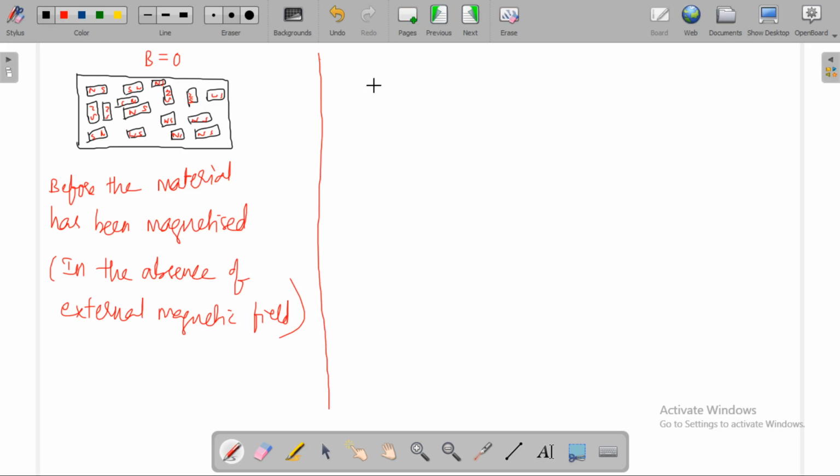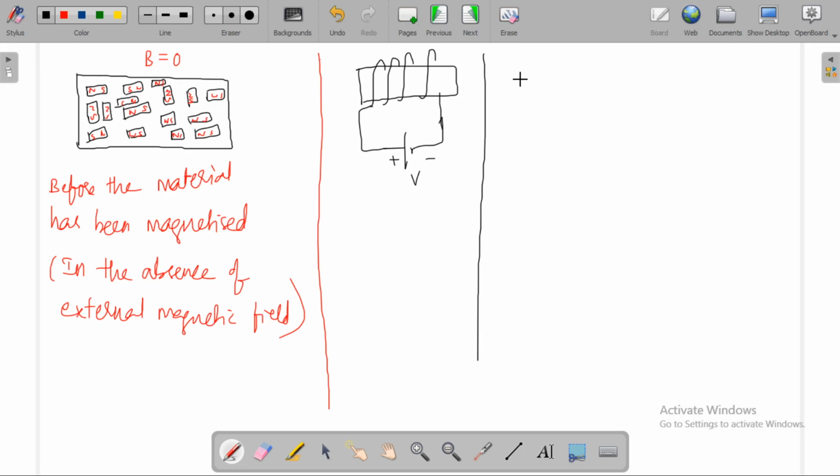After the metal has been magnetized, let us do one thing. You take some magnetic material and a winding is wound upon this magnetic material. You apply some external magnetic field, you apply some voltage to this. Then after the metal has been magnetized, all dipoles will get aligned in one particular direction.